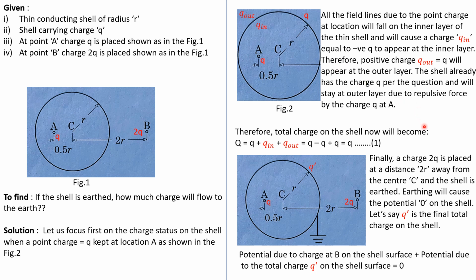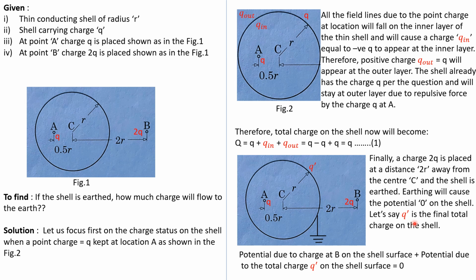Now finally a charge 2q is placed at a distance 2r away from the center C and the shell is earthed. So what will this earthing do? Earthing will cause the potential to be 0 on the shell.